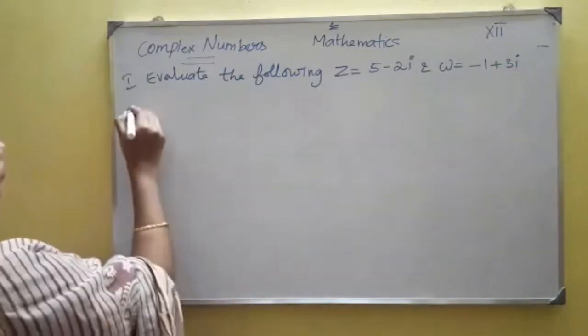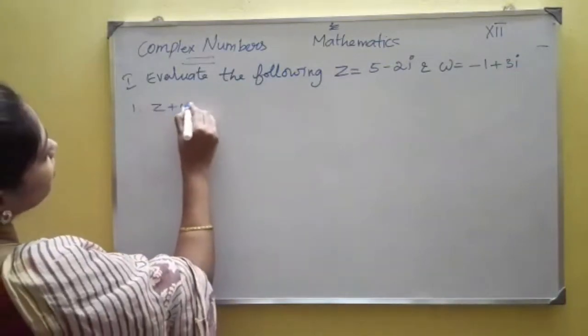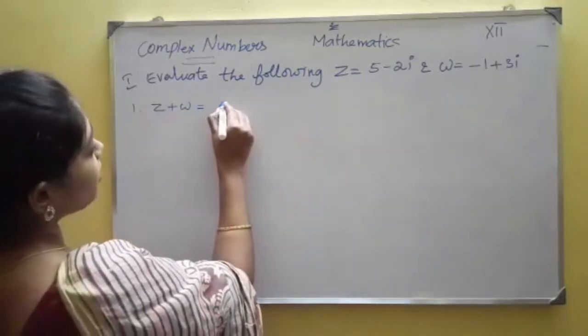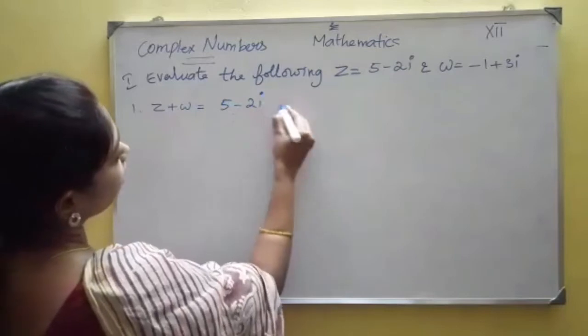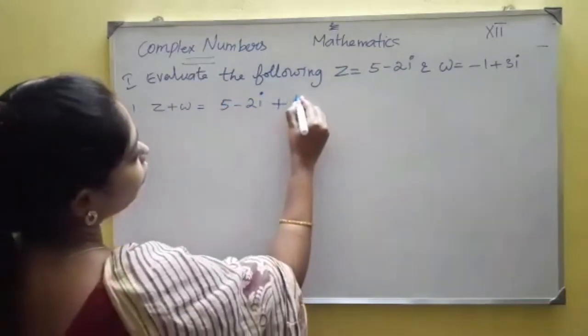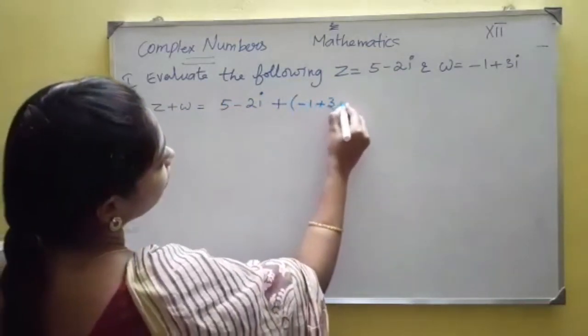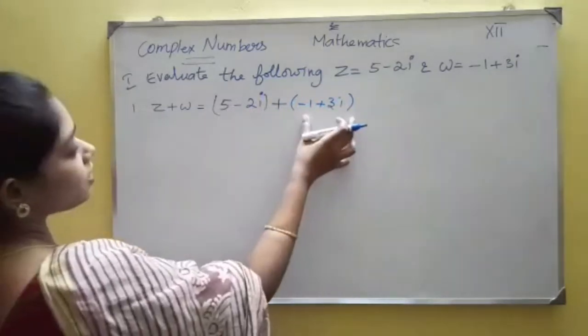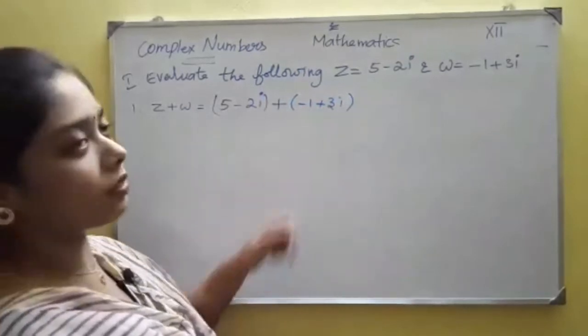You want to find z plus w. What is the value of z plus w? So z value is 5 minus 2i plus w value, minus 1 plus 3i. You all know why I am using brackets over here, because the second number starts with a minus.